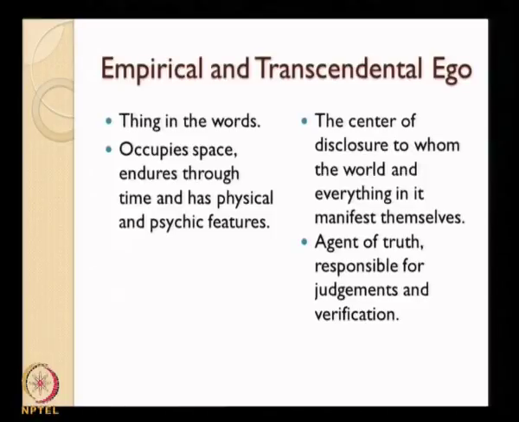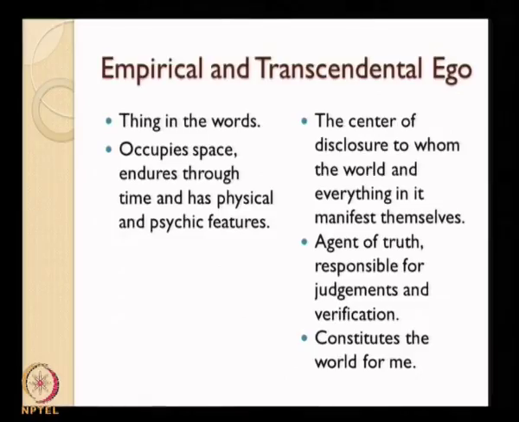So, everything is because of this ego and it constitutes the world for me. That is a precondition of the world in that sense, not part of the world. The empirical ego is projected as a subject against the world which is an object, yet it is part of the world; it is empirical, but this one is transcendental.